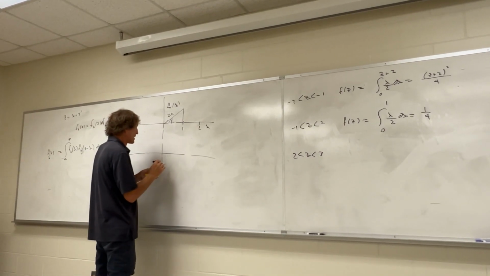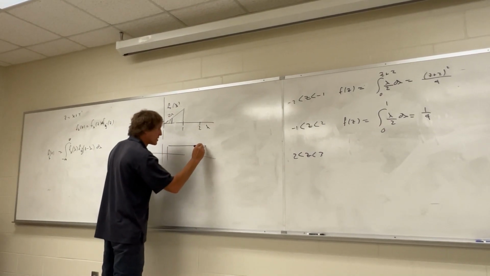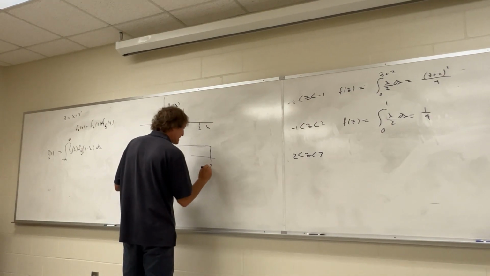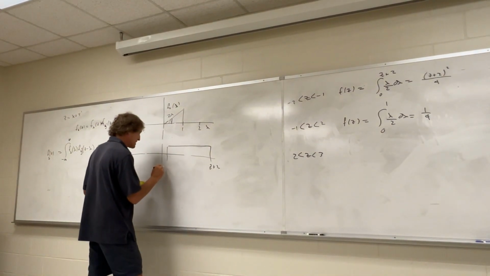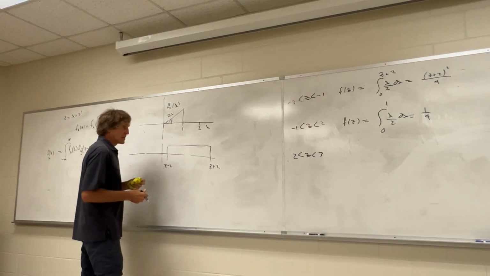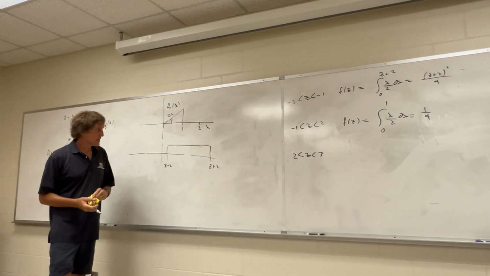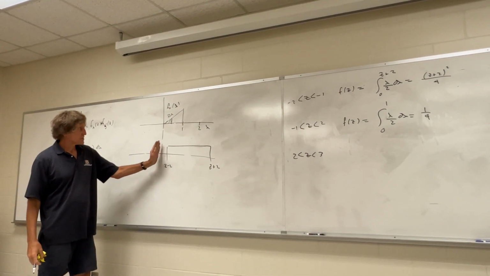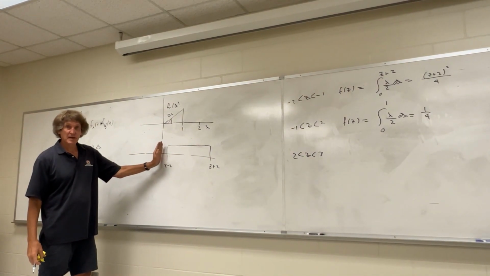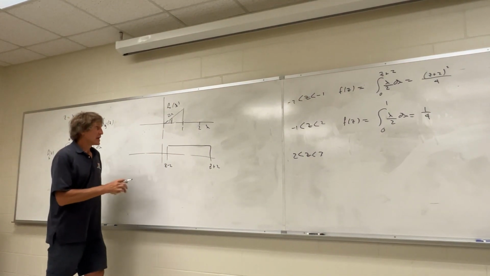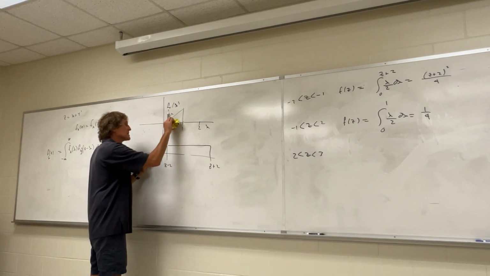Let me show you this. This is still z plus 2, this is z minus 2, but here we're going to go from 2 to 3. Now when z is equal to 2, it's still completely overlapped, but then it starts coming through here, and then the area of overlap looks like this.